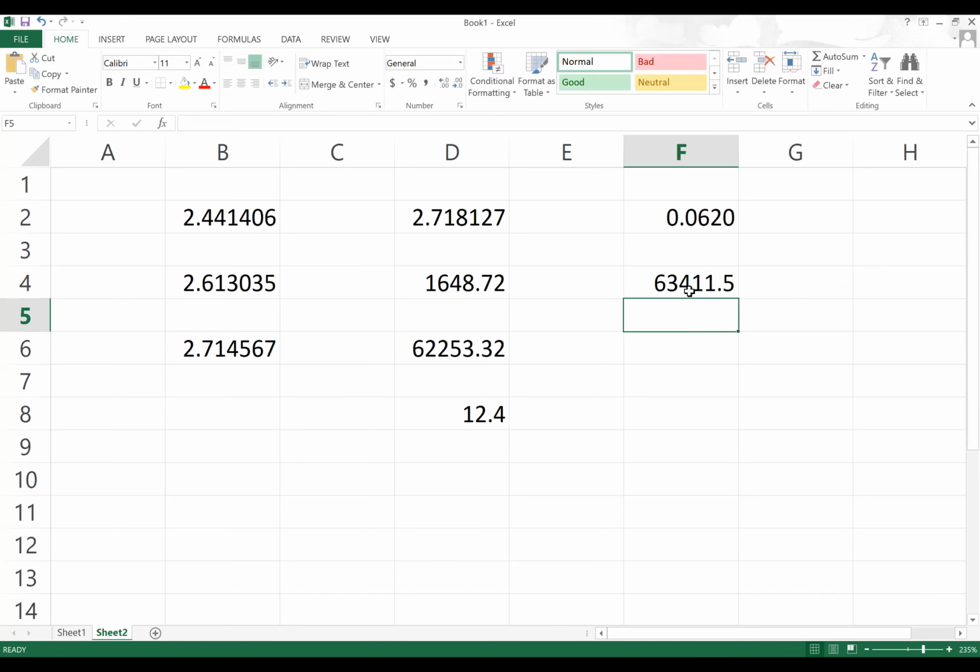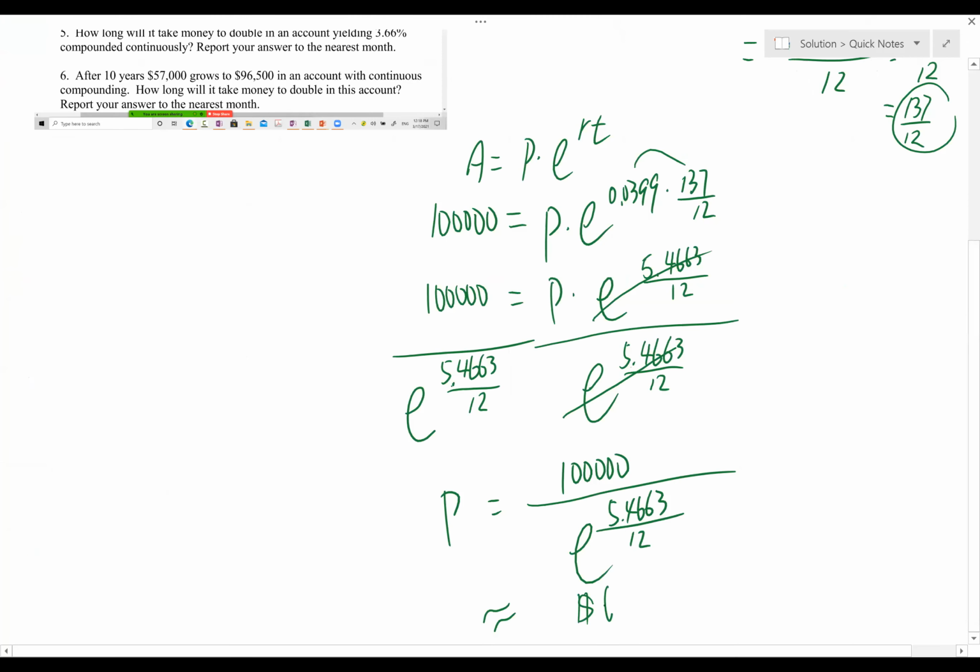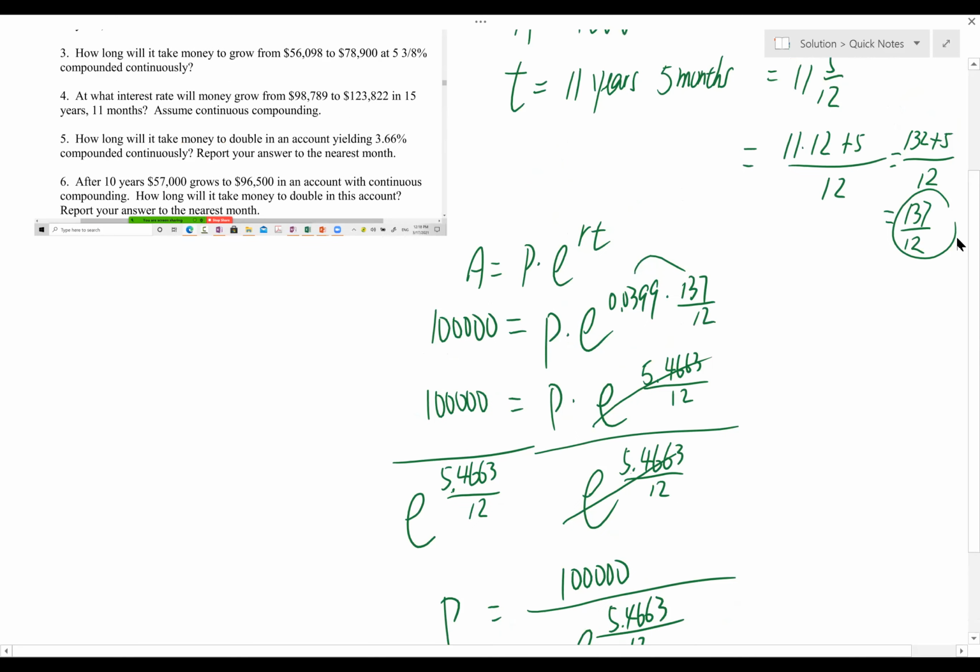You get $63,411.50. That should be the initial investment, or principal. You put it down: $63,411.50. And that's question 2.